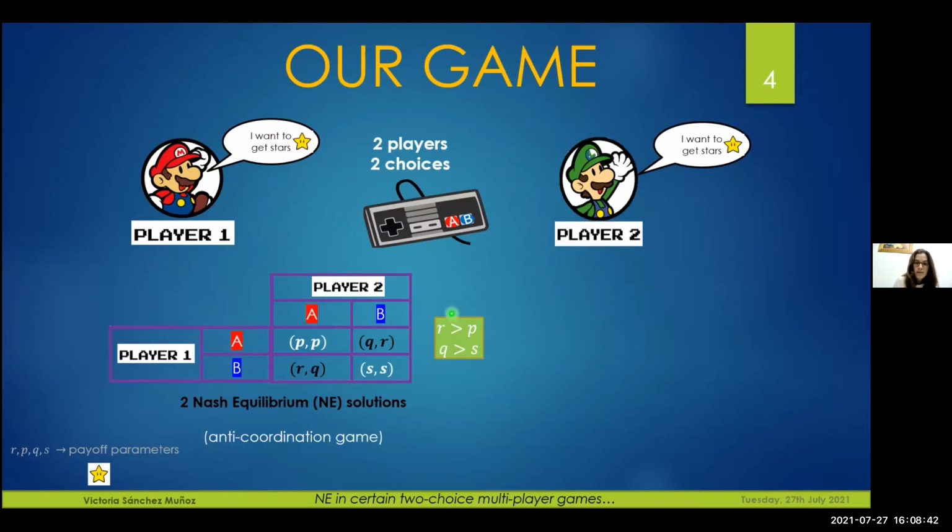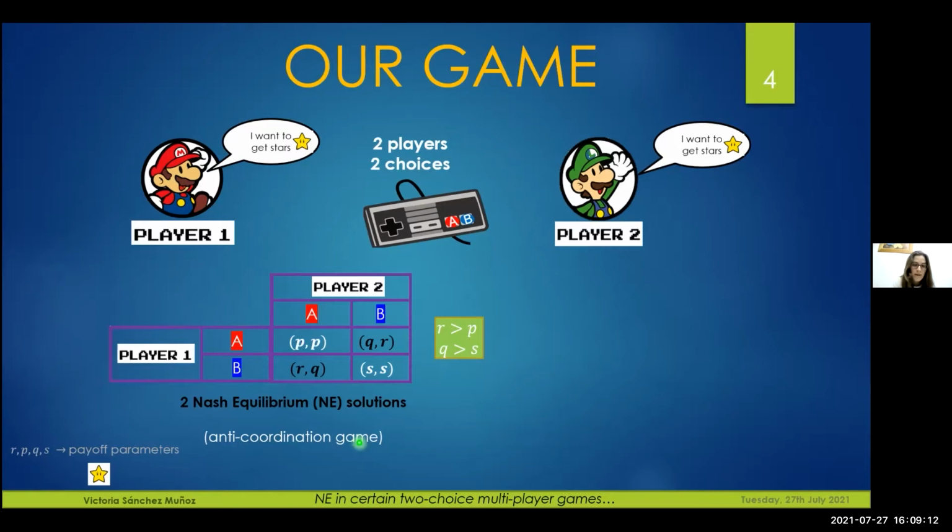By assuming this relation, we have two for this case, which are here in black, when they choose opposite strategies. Player 1 chooses A and player 2 B, and vice versa. We have those two Nash Equilibria, which I will shorten by NANE. And we say that this is an anti-coordination game because they must anti-coordinate their responses.